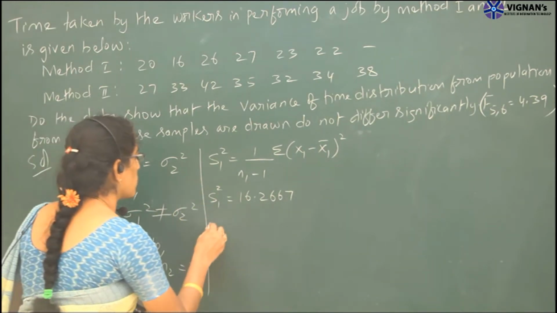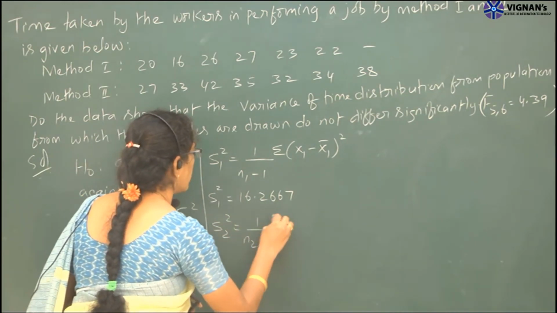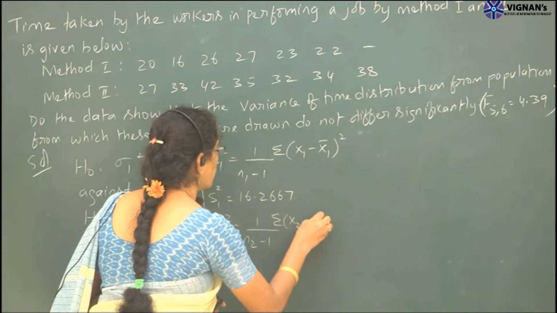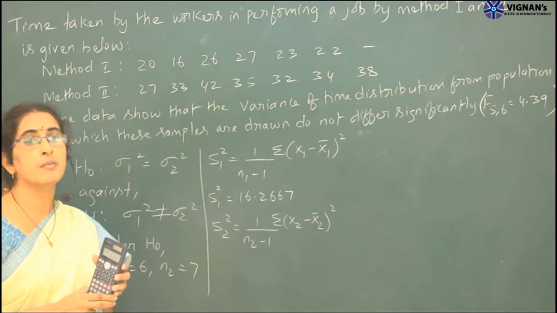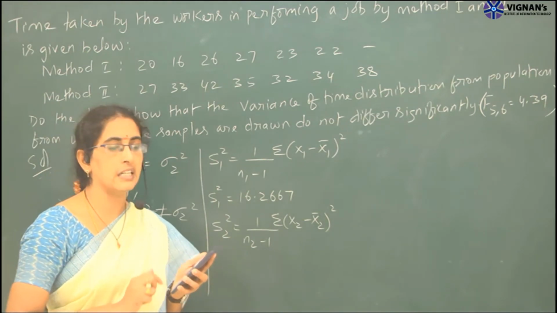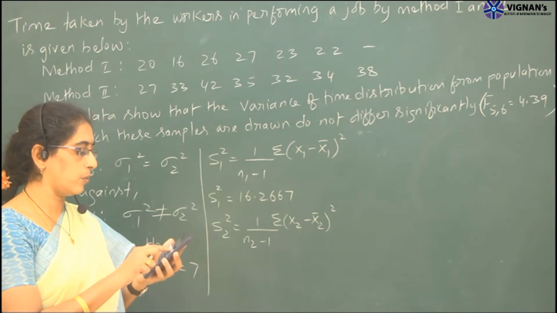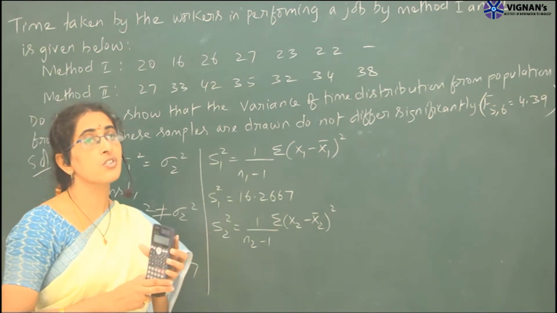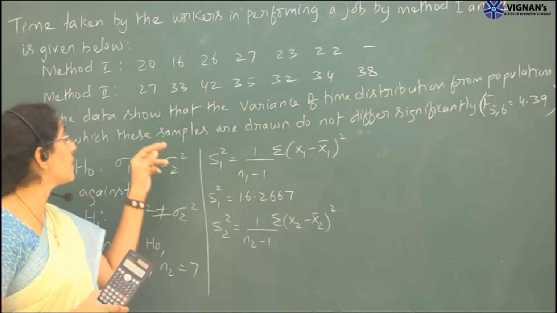Now coming to S2 square, the formula is 1 by n2 minus 1 summation of x2 minus x2 bar square. Whatever data we gave for method 1, we have to erase. That means we have to clear the memory and again go to the regression linear mode, then give the data. Because if we do not clear the data, it will take the 7th observation as method 2.